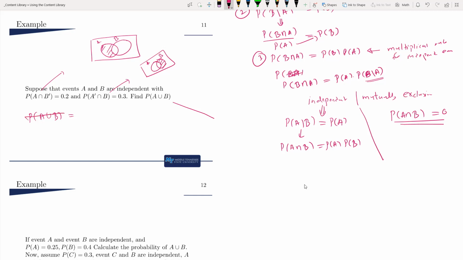So you can see that the probability of A is, if I put X here, 0.2 plus X. The probability of B is 0.3 plus X. Then the probability of A and B, since they are independent, is probability of A times probability of B, which is 0.2 plus X times 0.3 plus X. And then probability of A union B is probability of A plus probability of B minus probability of A and B.